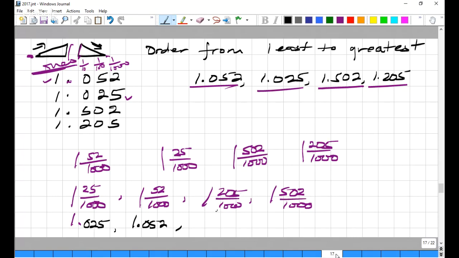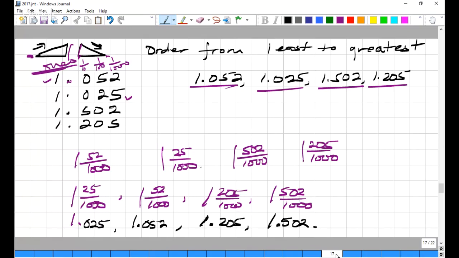And 1 and 205 over 1,000 is the same as 1.205. And finally, 1.502. Okay, got that?